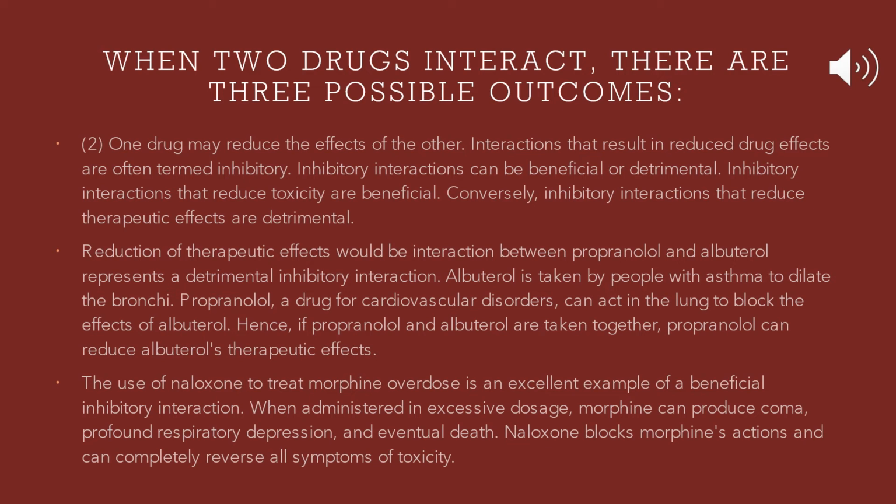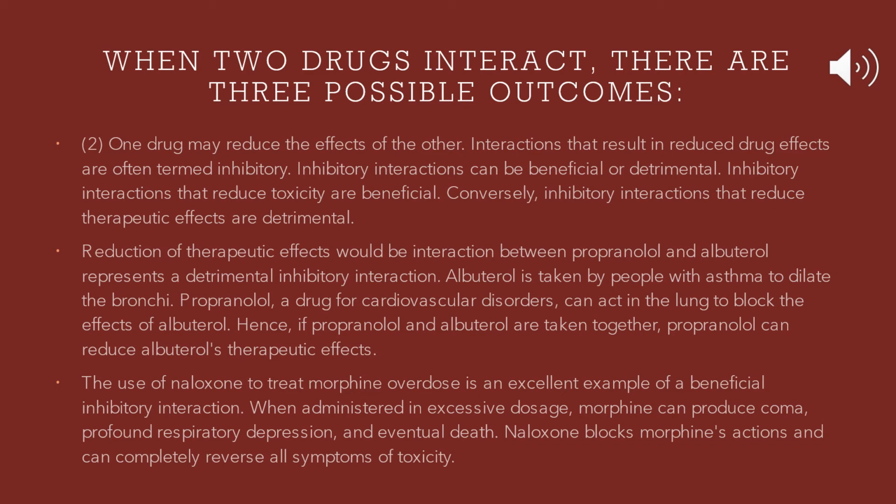Albuterol is taken by people with asthma to dilate the bronchi. Propranolol, a drug for cardiovascular disorder, can act in the lung to block the effects of albuterol. Hence, if propranolol and albuterol are taken together, propranolol can reduce albuterol's therapeutic effects.